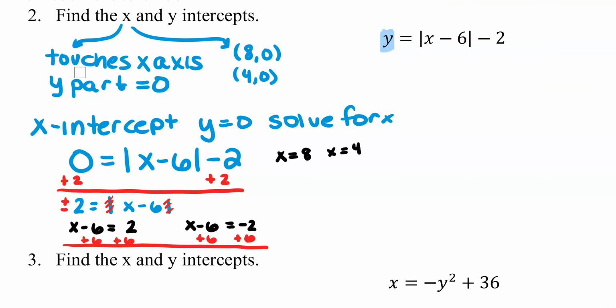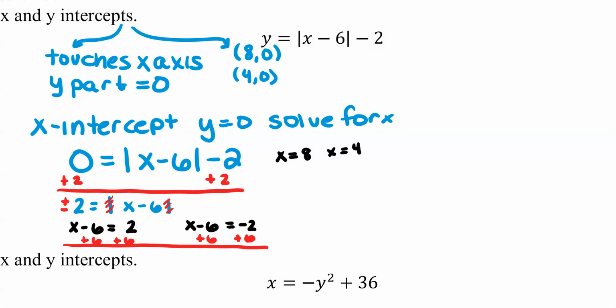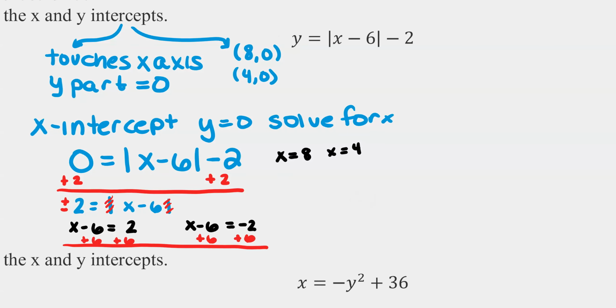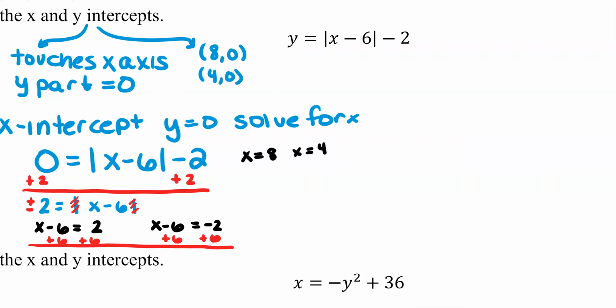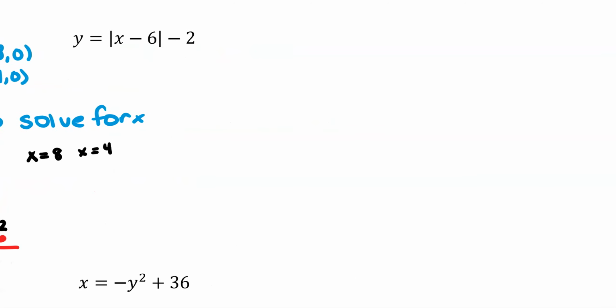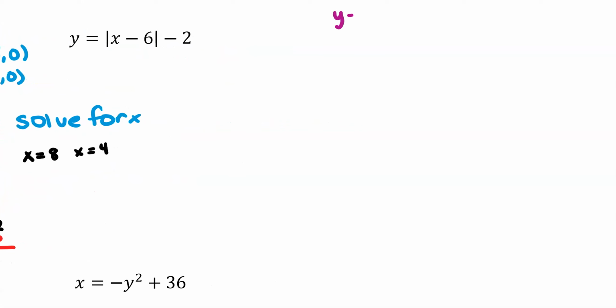So now let's try for the y-intercepts. The y-intercept is where the graph touches the y-axis. So I'm going to come over here. Okay, so the y-intercept is where the graph touches the y-axis.